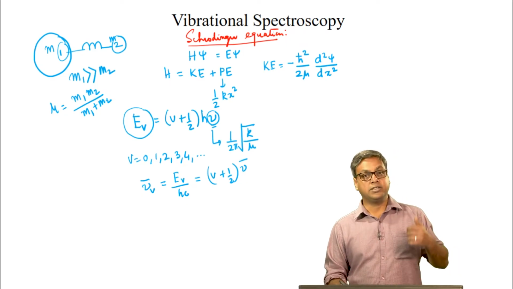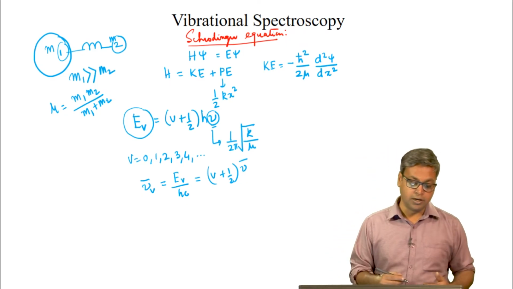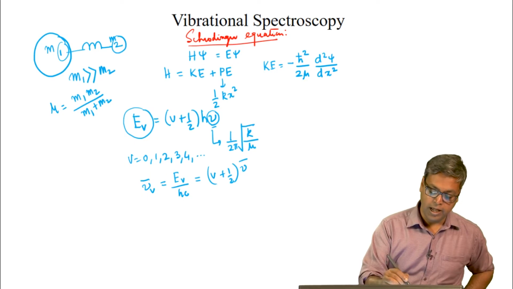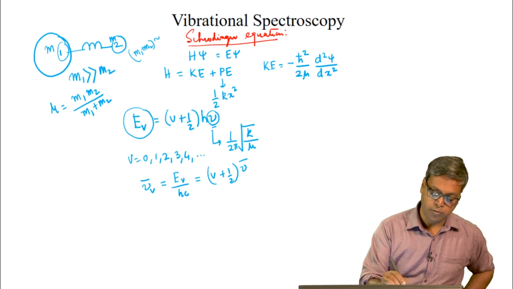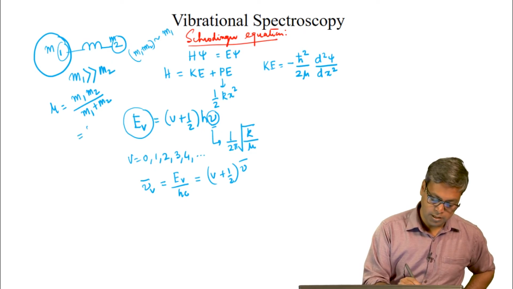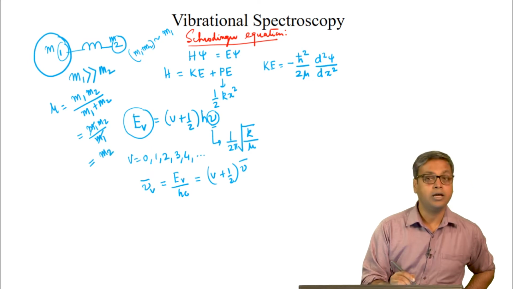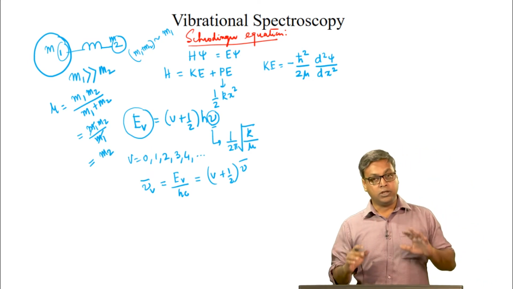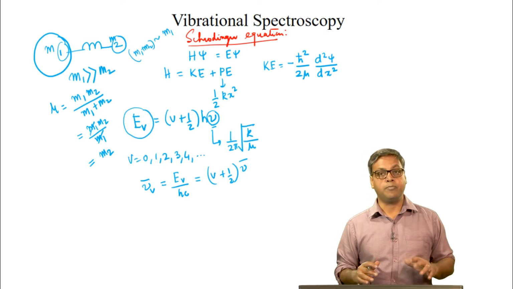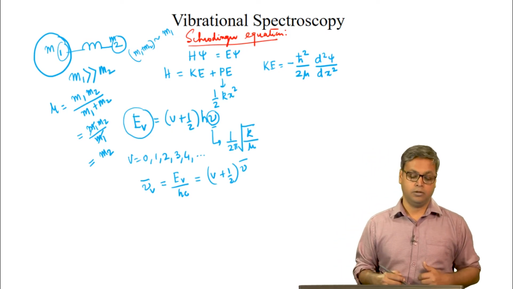However, because m 1 is much greater than m 2, we can write m 1 plus m 2 is approximately m 1. So, what we get is M1 M2 divided by M1. So, M1 cancels, we get M2. So, the reduced mass will be approximately M2.